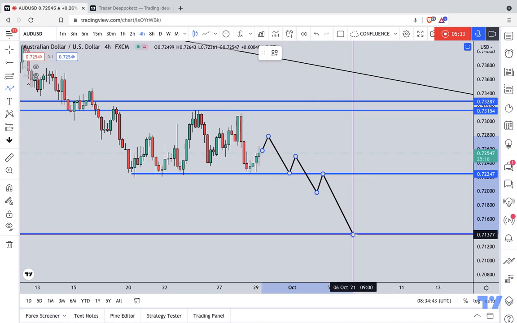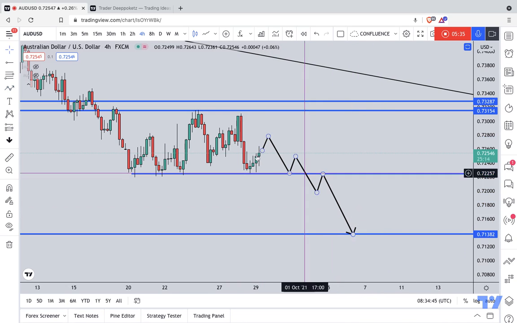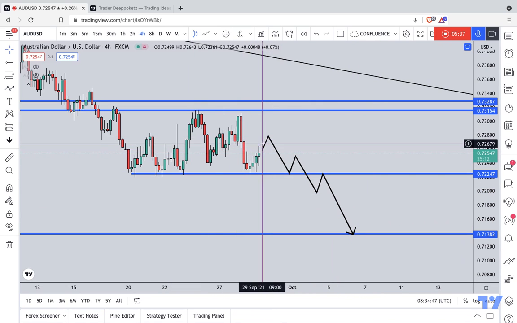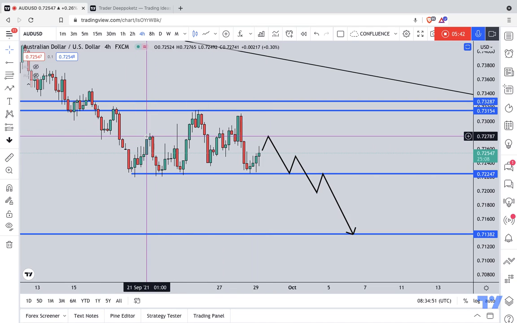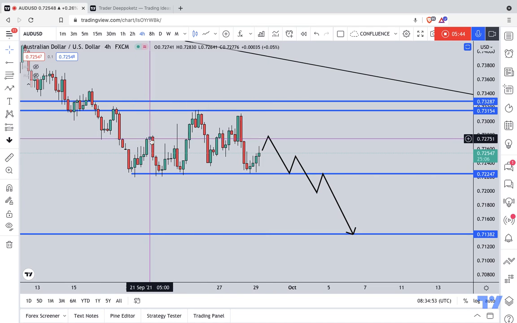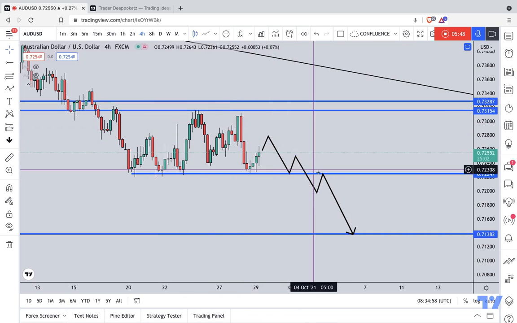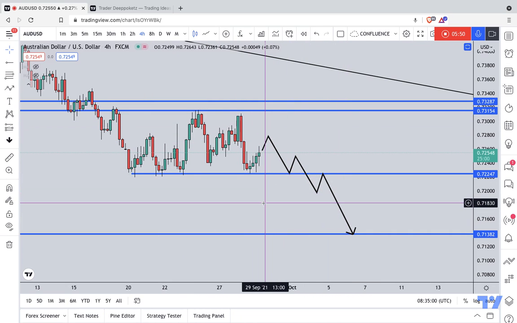If we can go up here and get maybe rejected here, which would form again another head and shoulder, left shoulder, the head, right shoulder, then we can go much lower.